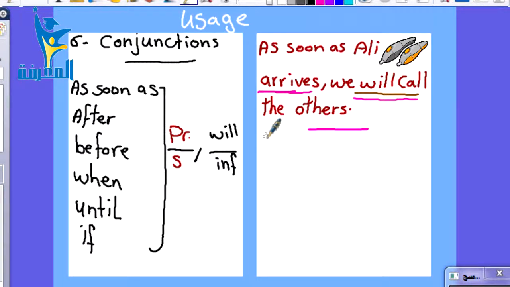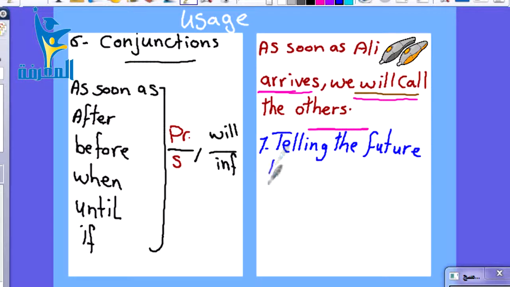Other points, we use the present simple tense also for telling the future. Oh, the future? Yes. If we are talking about a timetable, you will use the present simple tense to express the future. Like what?